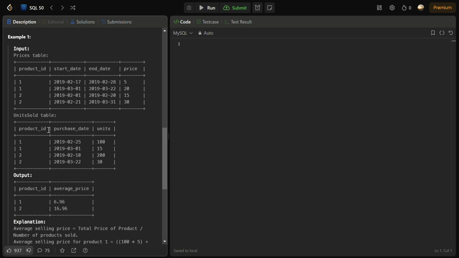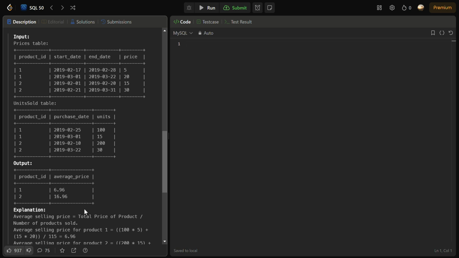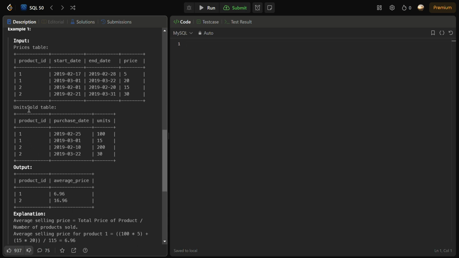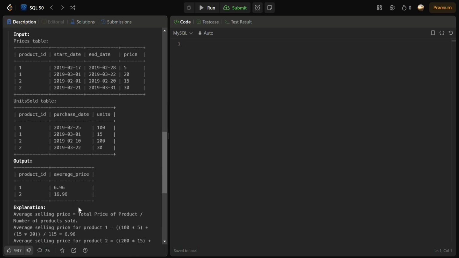To get the average selling price, we will use the formula: total price of the product divided by the number of products sold. Let's take the example of the product with product ID 1. Within the Feb time frame, we will multiply this 5 with this 100, because 5 was the price of that product in the Feb month and 100 units were sold.